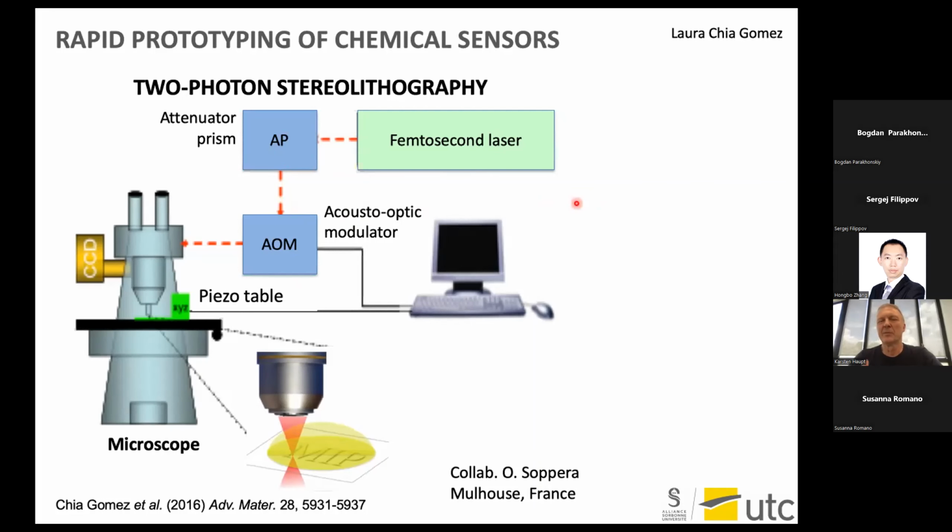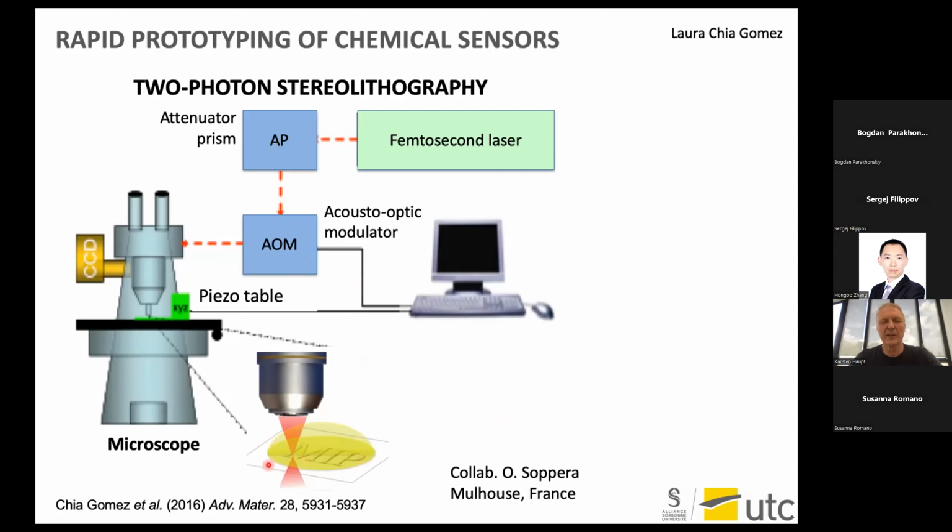Our laser pulse needs to be very much focused in time, but also in place. So we need to have a pulsed laser, a femtosecond laser, in order to have a very short pulse with very high intensity, and then we need to focus, of course, the laser beam in the solution.